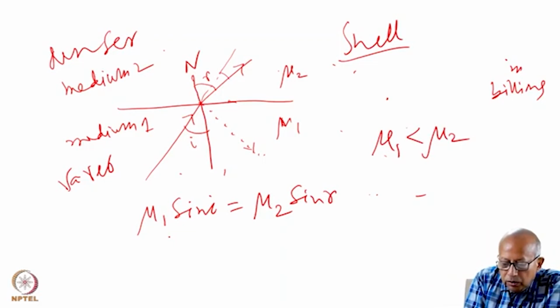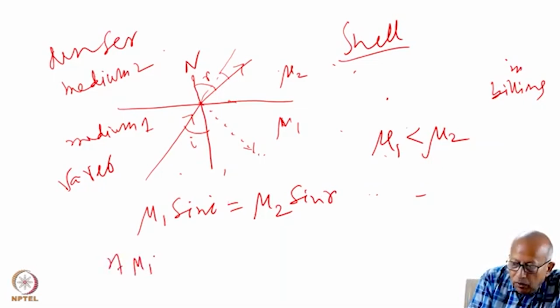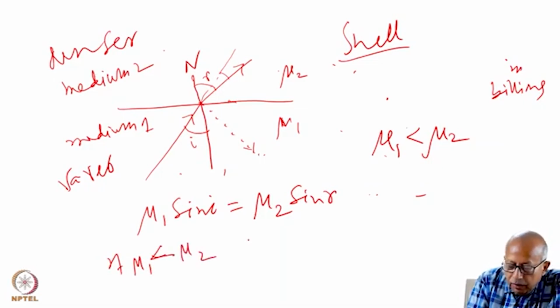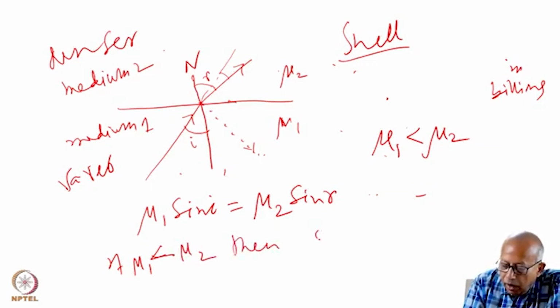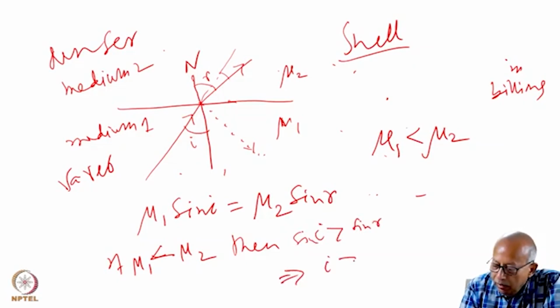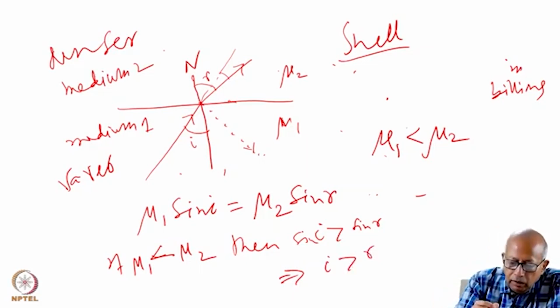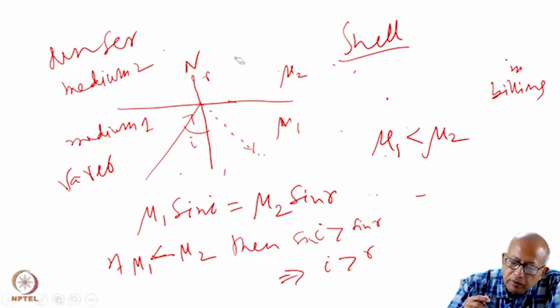So from this equation, the product mu1 sin I should be equal to mu2 sin R. Now if mu1 is less than mu2, then sin I must be greater than sin R, or I must be greater than R. So if light travels from rarer to denser medium, then this beam will bend towards the normal.